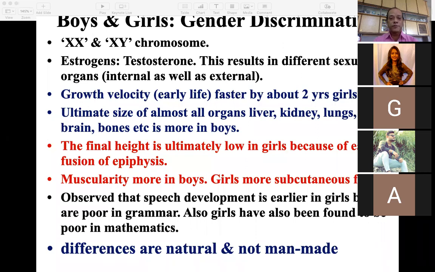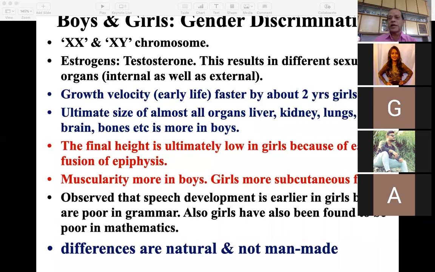So, though these differences are natural and they are not man-made, at the same time, please remember, with proper opportunities, we can reverse these observations. So the girls can become more advanced in mathematics if we give them every support.